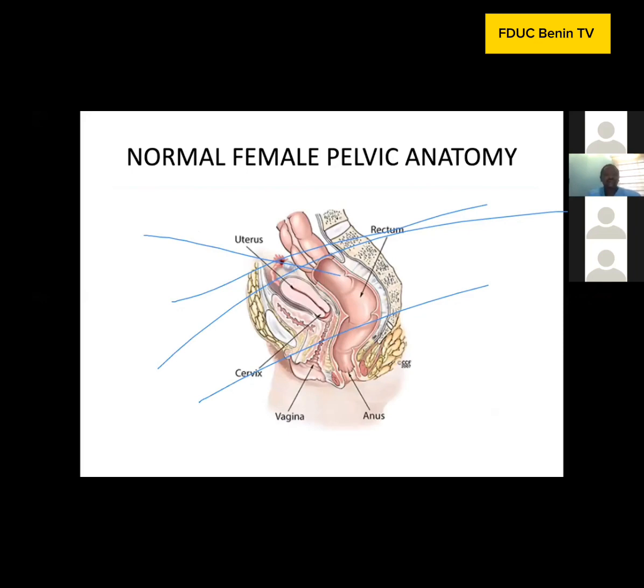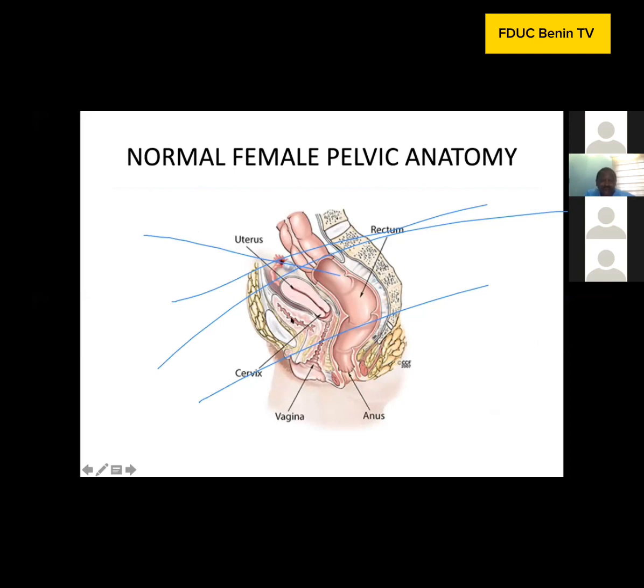Before we start, it is always important for us to refresh our anatomy and to remind ourselves of where we expect to find things. In terms of the layers that we pass through when we perform the transvaginal scan, moving from anterior to posterior, we have the symphysis pubis here.